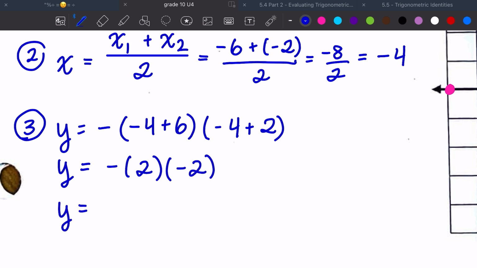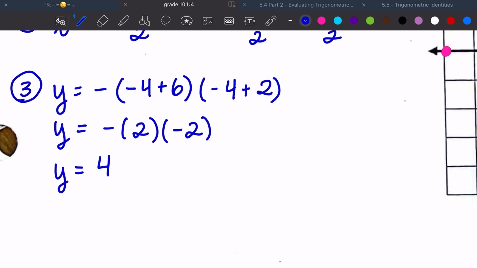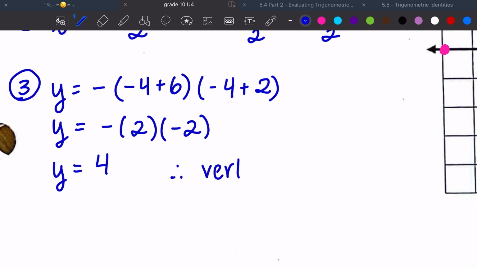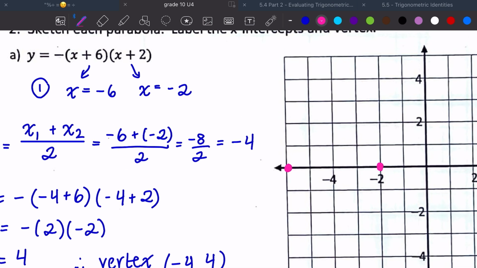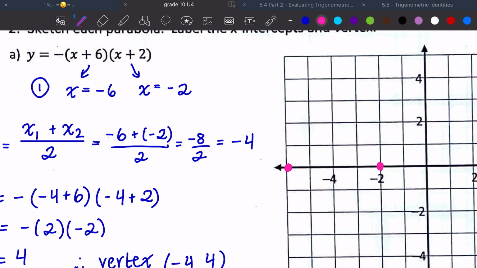So, okay, I've got -1 times 2, which is -2, and then -2 times -2 is going to make +4. A negative times a negative makes a positive. So, okay, we know, therefore, our vertex is going to be at (-4, 4), which we can now plot. So, (-4, 4) is going to be right here.